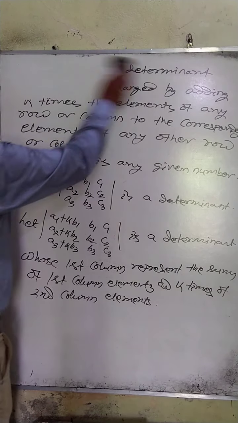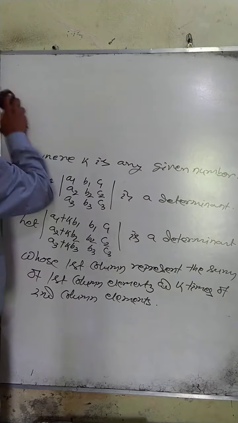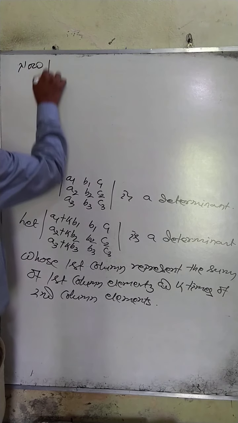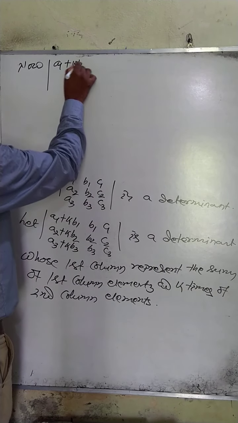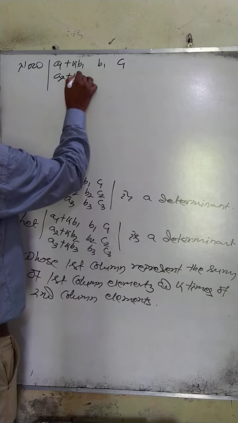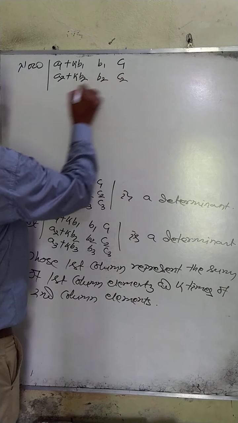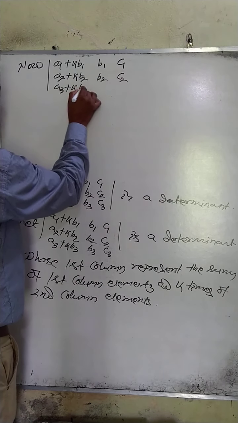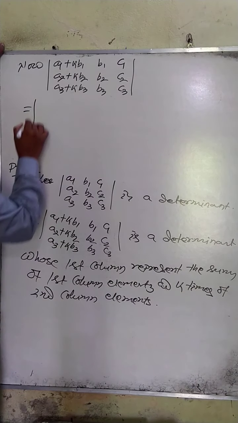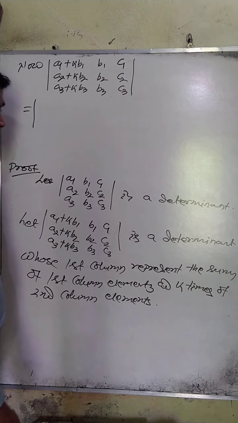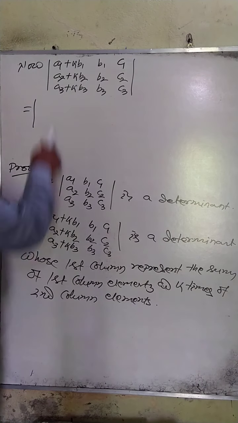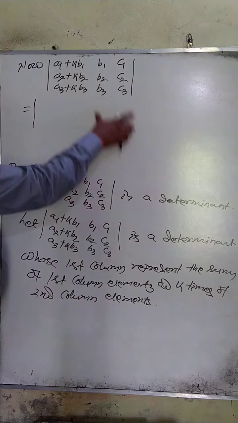Now, a1 plus k b1, b1, c1, a2 plus k b2, b2, c2, a3 plus k b3, b3, c3. Okay, that equals, by using property 4, since the first column element represents the sum of two numbers, then it represents the sum of two determinants.